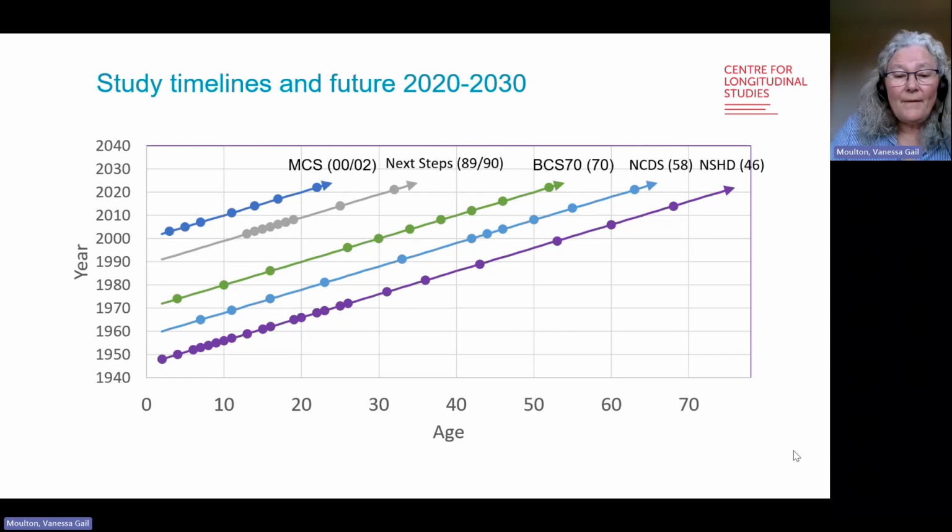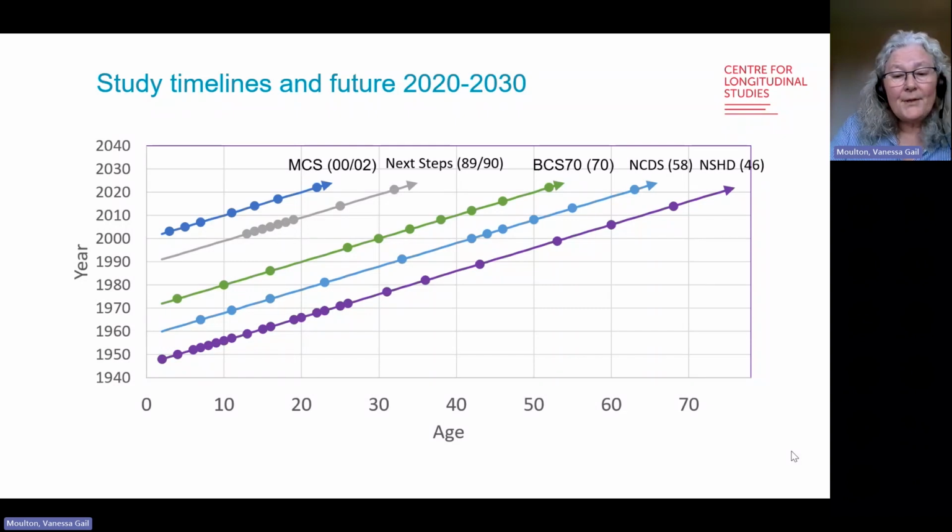And the last available collection as we speak is at age 55, but very excitingly, the age 62 to 65 sweep of data will be available by the end of the year. For the BCS 70, since 1970, 9 data collection periods, and the age 52 to 53 data will be available in the autumn.